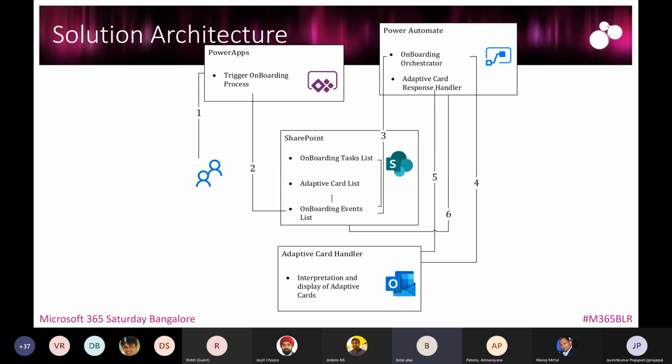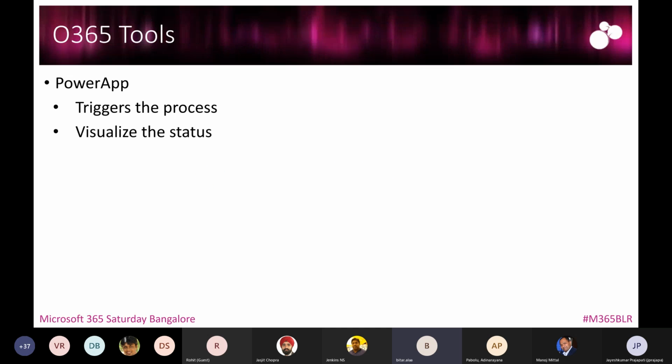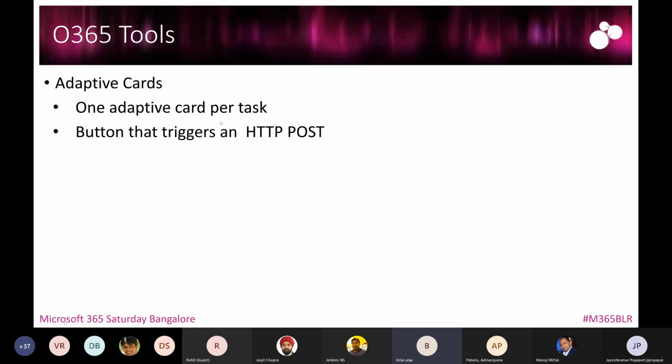So without further ado, let's go and see what we can do. We have to link the adaptive card somehow to the SharePoint list. What we can do is, if we go back a bit, the button that sends the HTTP post takes the content of the adaptive card, takes the different fields, and calls a URL with a post method.